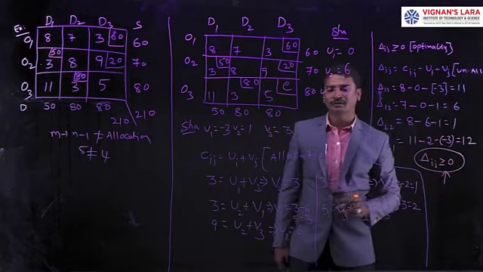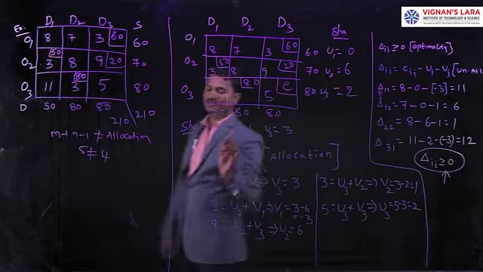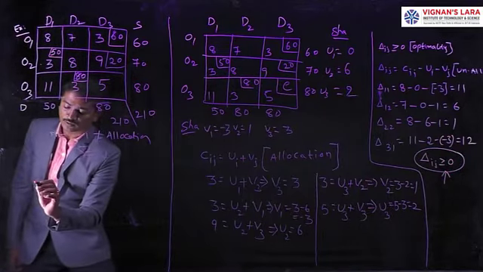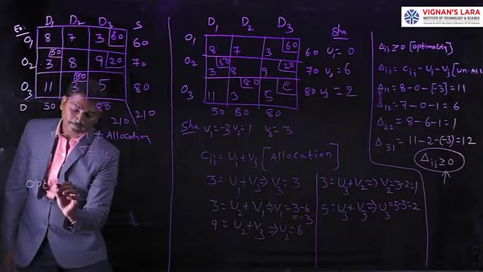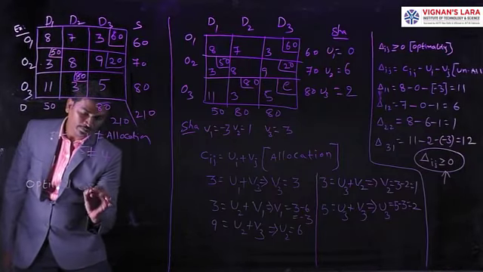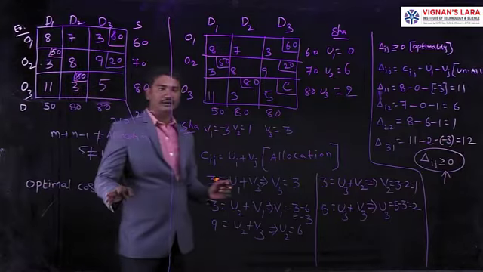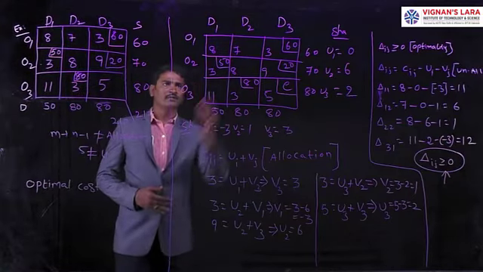Now we are going to calculate the optimal solution, that is, we are going to calculate the total cost or optimal cost. The optimal cost we are calculating from the allocations. Here we have 5 allocations.